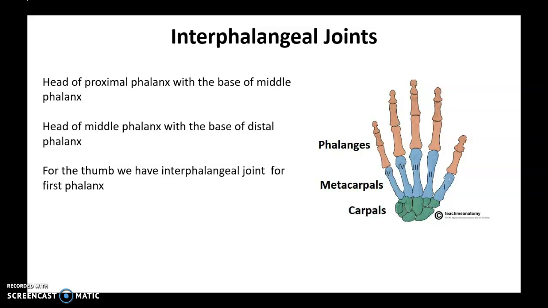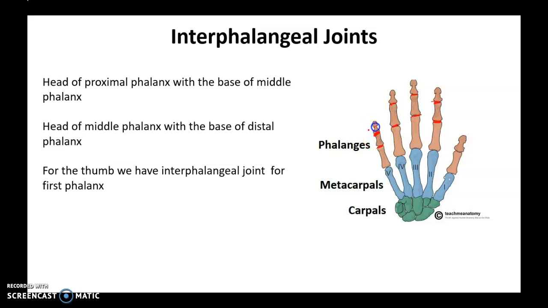Interphalangeal joints. These are the joints between the phalanges. So these and these. We see the head of the middle phalanx with the base of the distal phalanx. So here, this is the head of the middle phalanx.